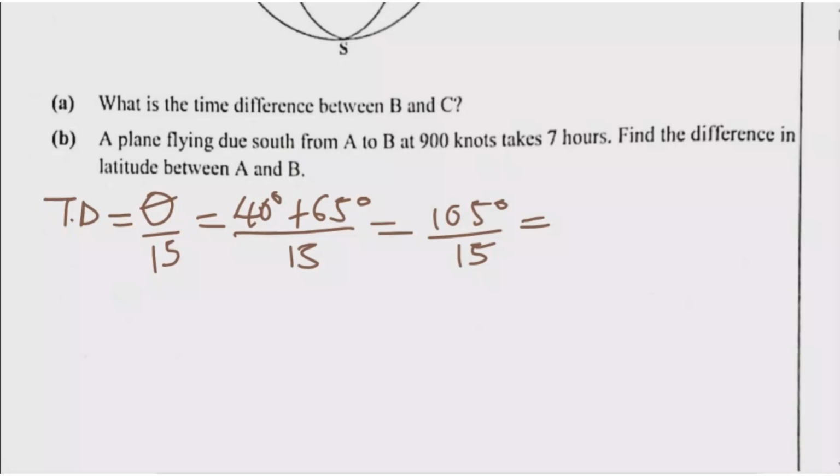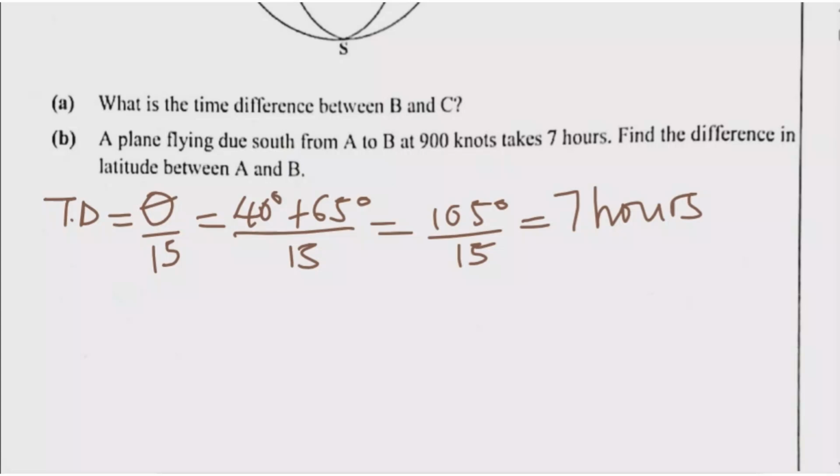So when we divide 105 by 15, the answer will be the number of hours. 15 into 105 will give us 7. So that will be 7 hours.